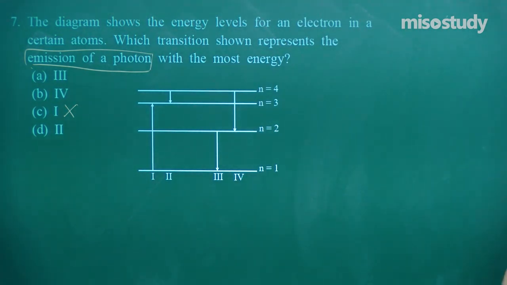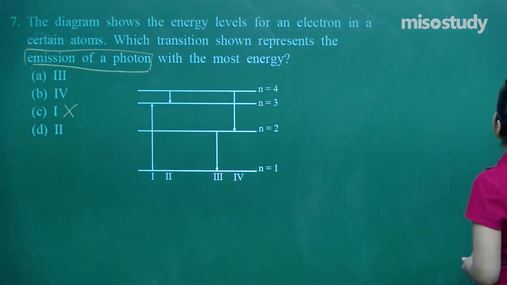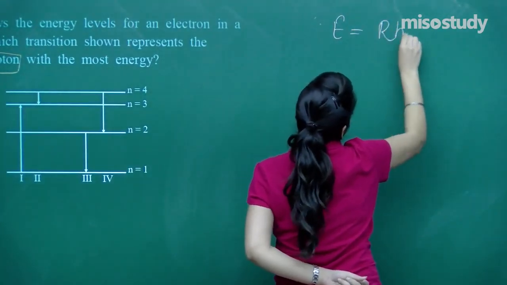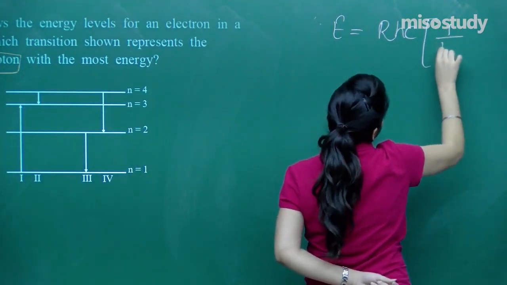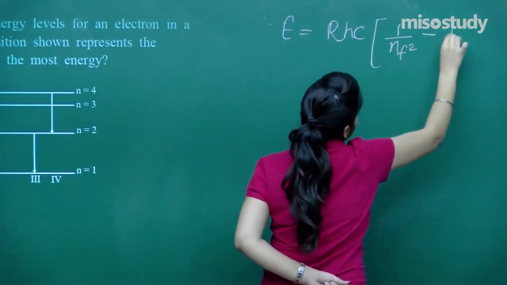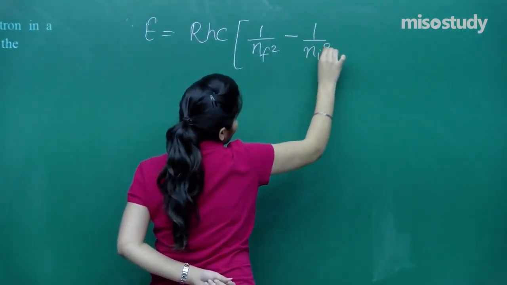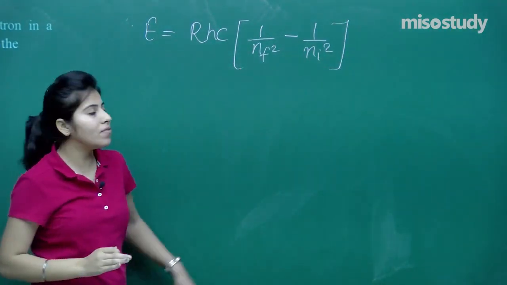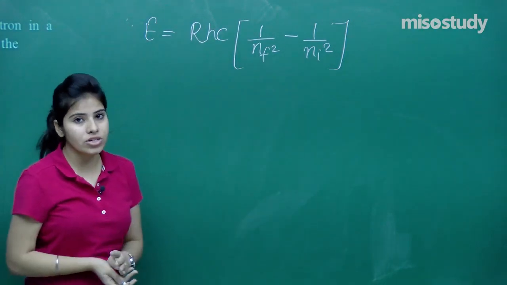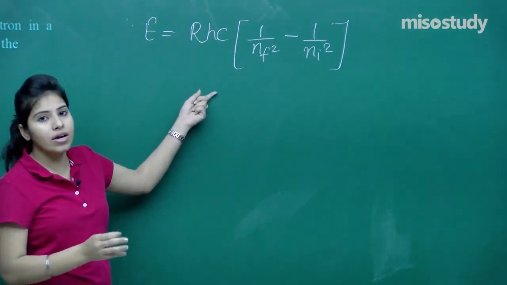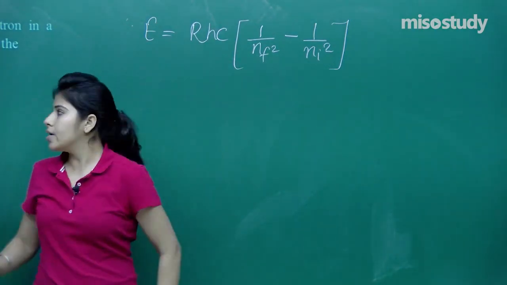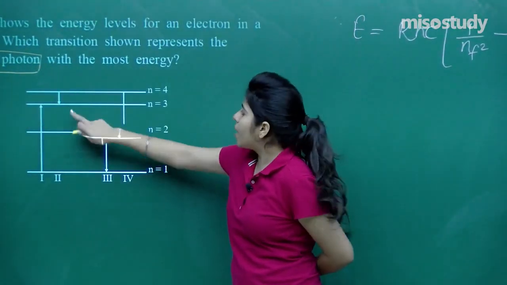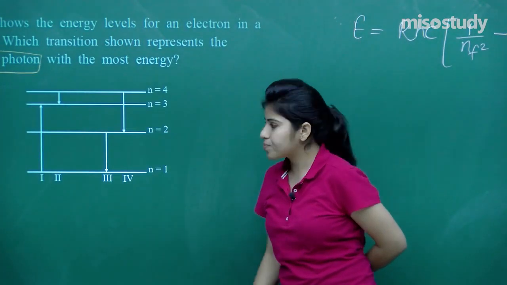The value of energy is RHC times 1 upon nf square minus 1 upon ni square, where nf is the final energy level and ni is the initial energy level. This is the formula for energy. We are now looking at the second one, which is a transition from n equals 4 to 3.